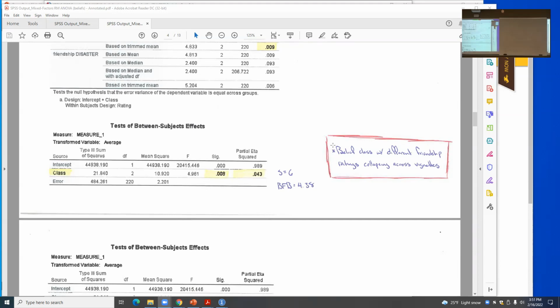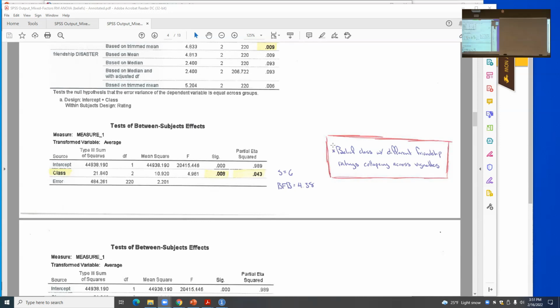What do you think, Basha? Yes. Friendship vignettes across what? Yeah. So differences in belief class across aggregate friendship rating, right?